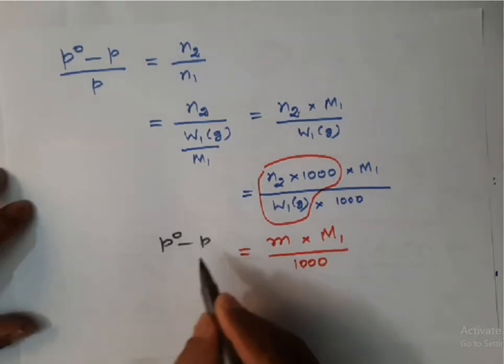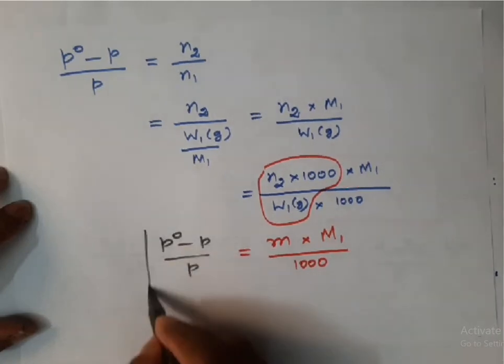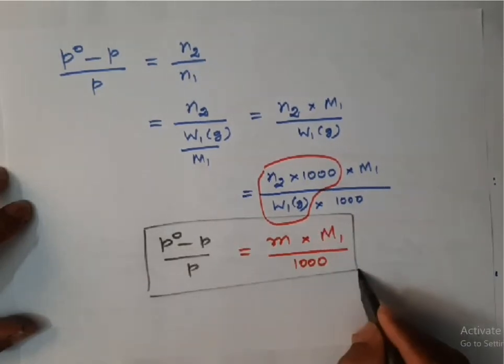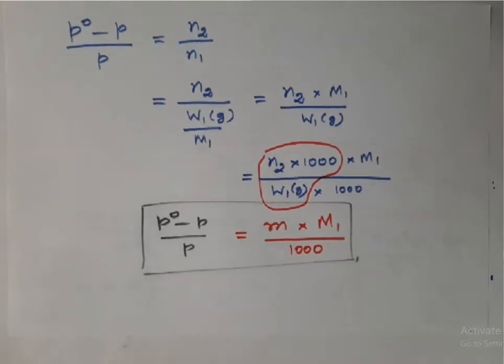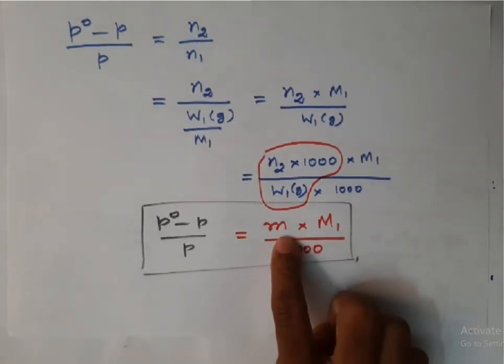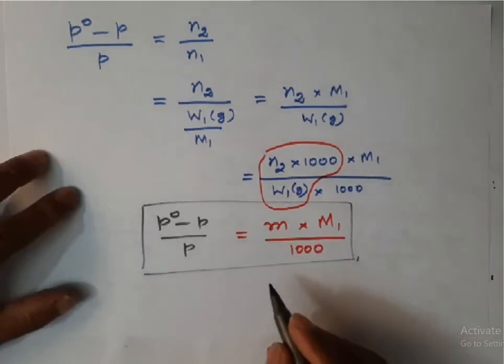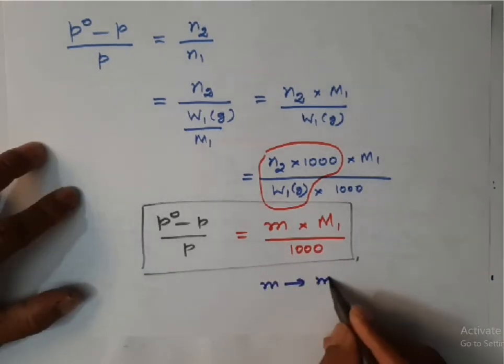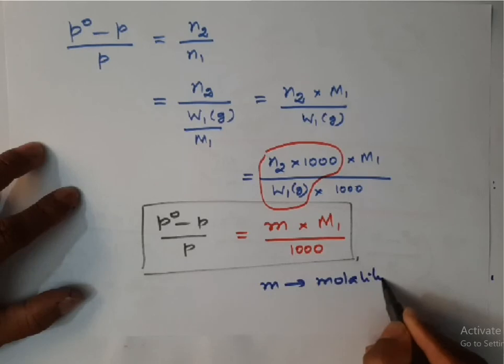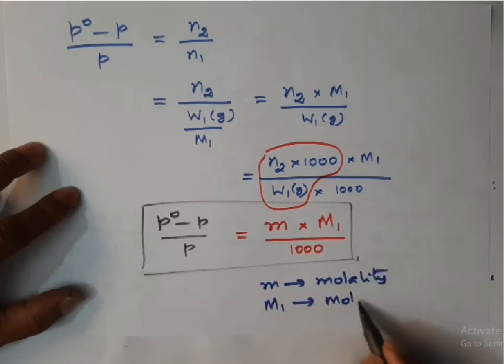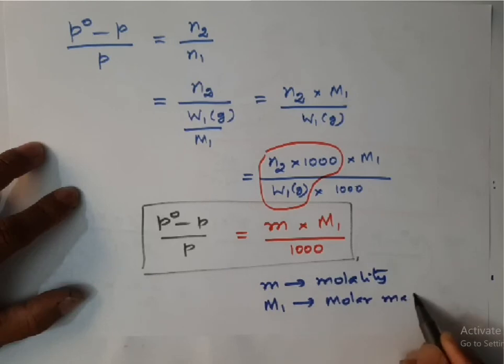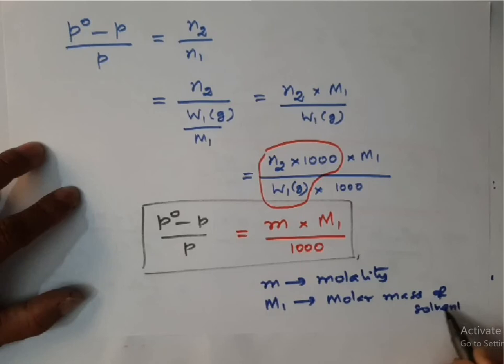P0 minus P by P. Take note. Small m indicates molality of the solution, and capital M1 is the molar mass of solvent. This is very useful for solving problems.